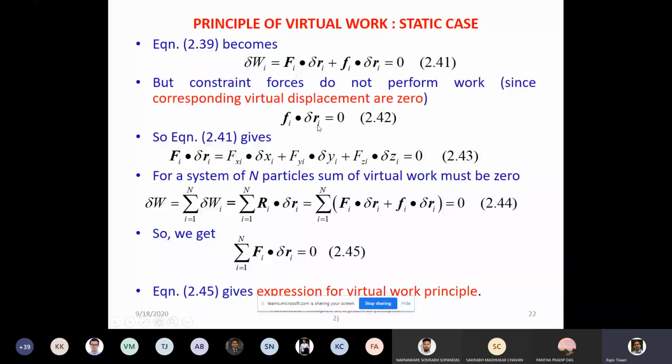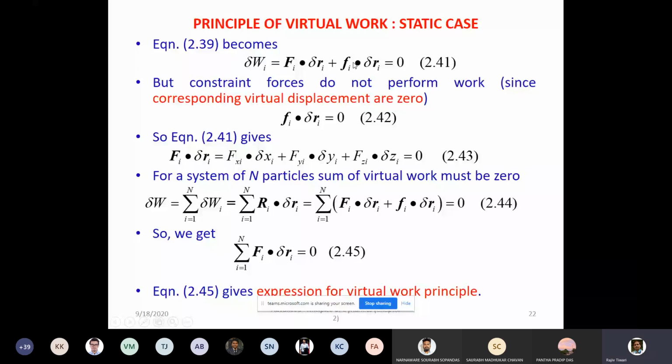So that is given by this. Here Fi is not 0, but delta Ri is 0 because we need to respect the constraint where the displacement will be 0. So the virtual displacement will be 0 here. That means if this is 0, this equation will give only this Fi dot delta Ri.